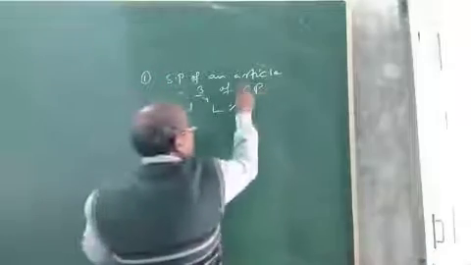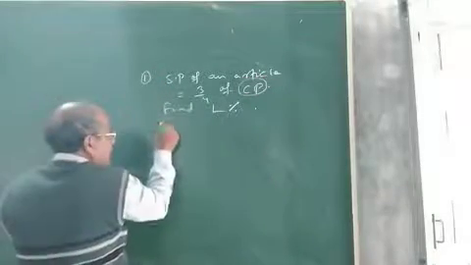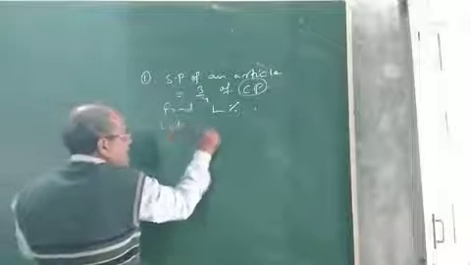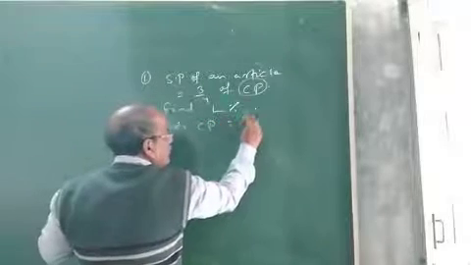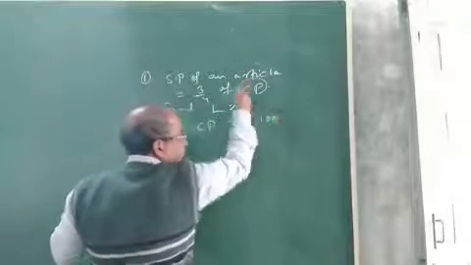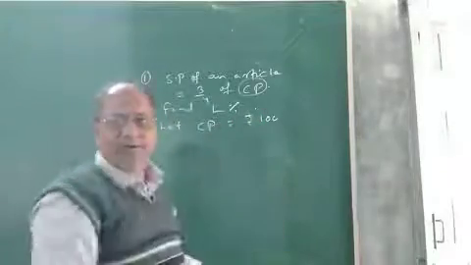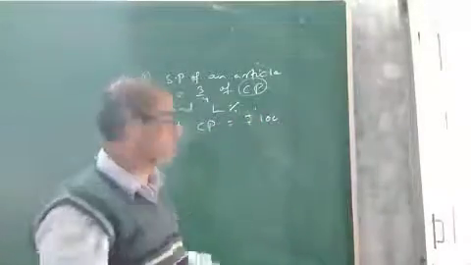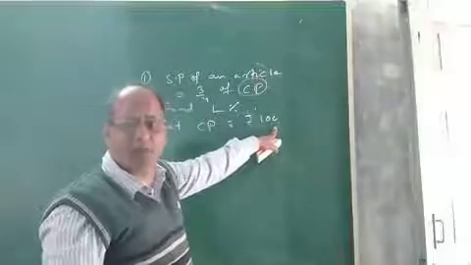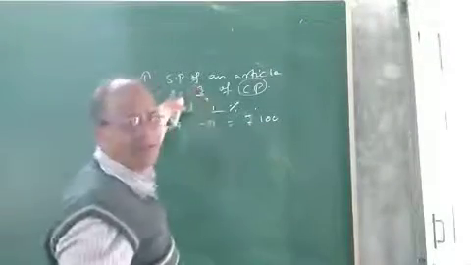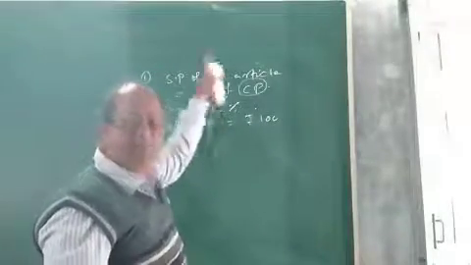Let the CP of the article be rupees 100. Suppose instead of taking X, we took the cost price as 100 rupees. Now if the cost price is 100 rupees, then what is given? Selling price is given as 3 by 4.